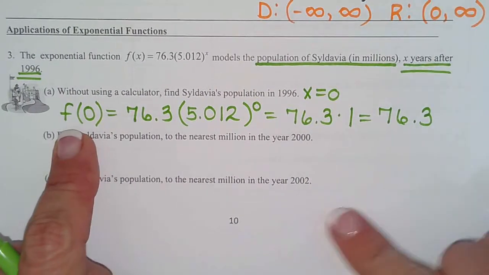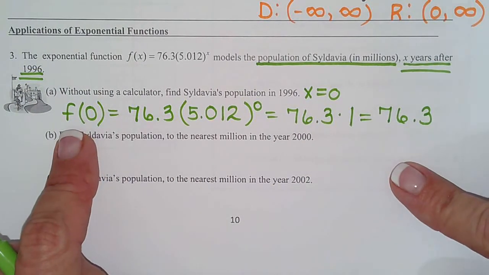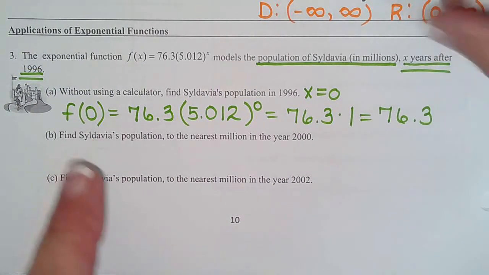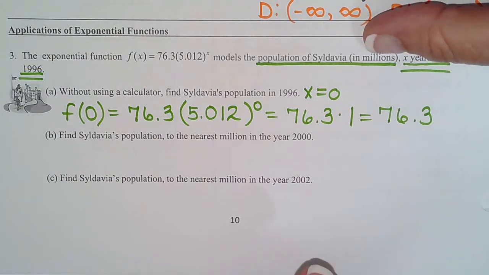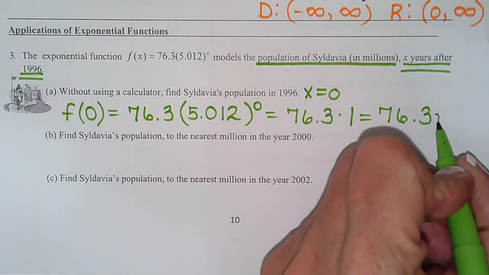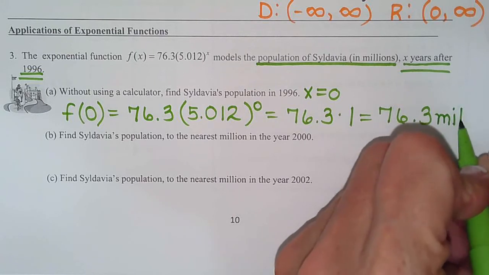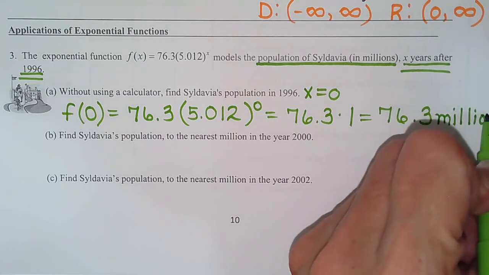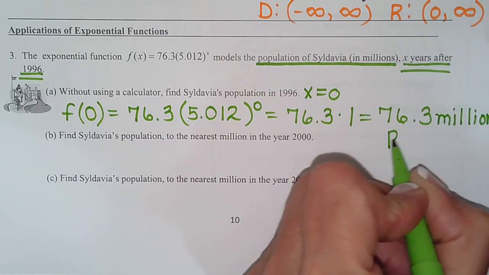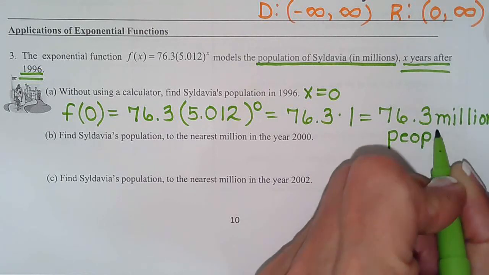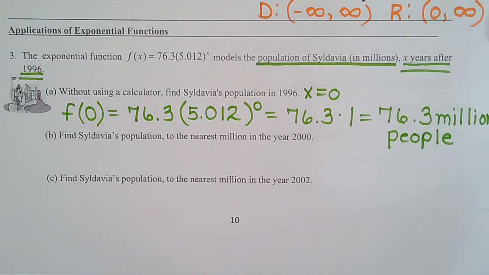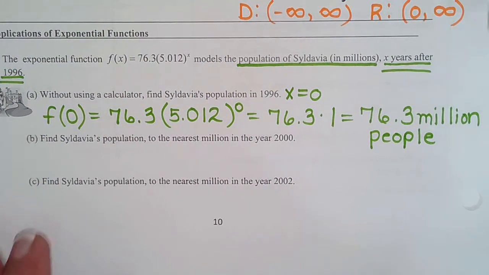But remember, f is the population, and the population is in millions. So to get this answer correct on Connect, you have to write million people. If you just write 76.3 people, you're going to get it wrong because it says millions right there.